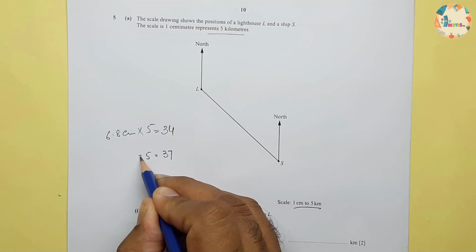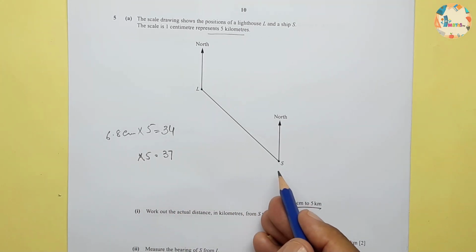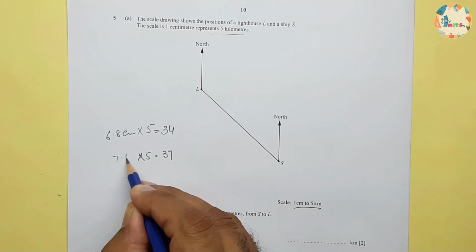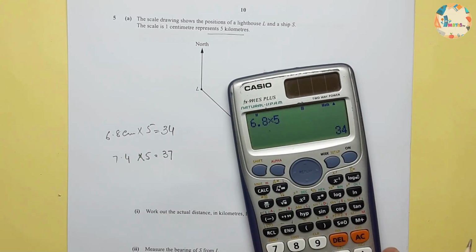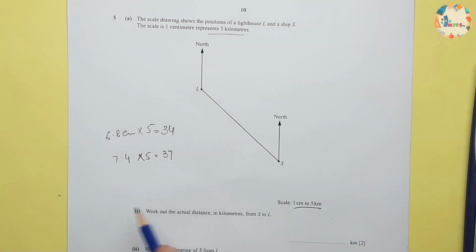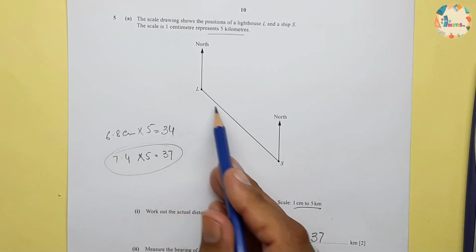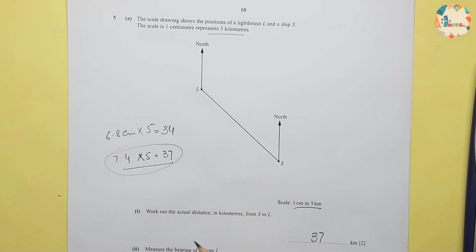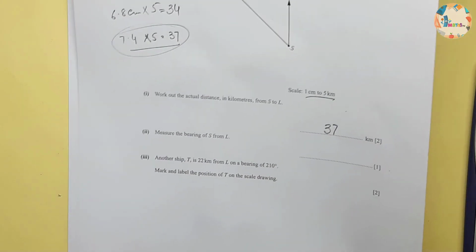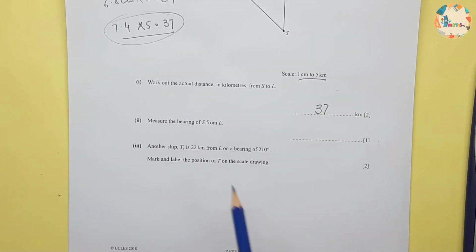This means that the distance in the actual paper was 7.4 instead of this one. So if we multiply 7.4 by 5, we will get 37. So I'm writing here 37, which is marking scheme answer, but this drawing is the actual, the marking scheme calculation, which is according to the paper provided to the students. Hopefully you understood this. This is standard for all this type of drawing questions.